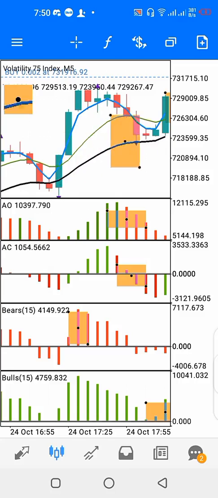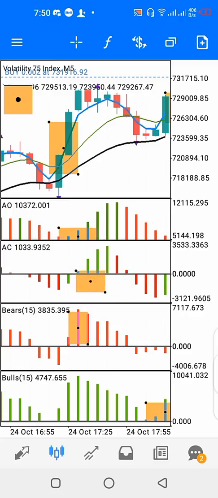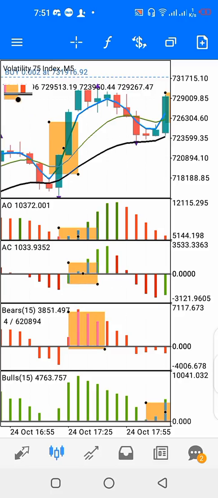Okay, don't forget, are the bars forming above the black, above the green, above the blue lines for you to buy? Is the awesome oscillator bars changing from red to green for you to place the buy trade? Are the bars developing above the zero level? Then for the accelerator oscillator, for you to place a buy trade, are the accelerator oscillator bars changing from red to green?